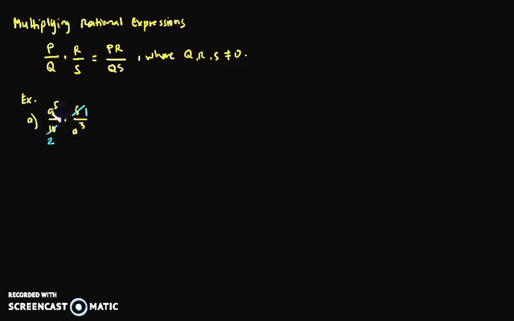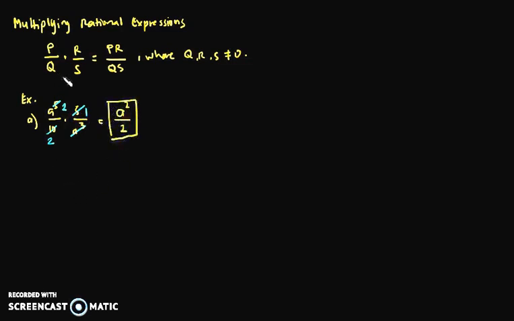So we cancel a cubed, and a to the 5th divided by a cubed is a squared. Our final answer would be, multiplying the remaining terms, a squared over 2.